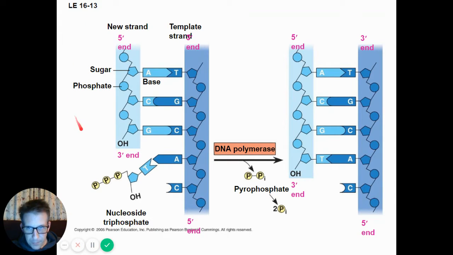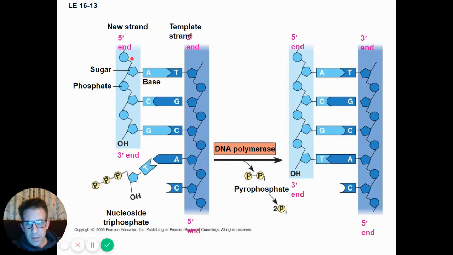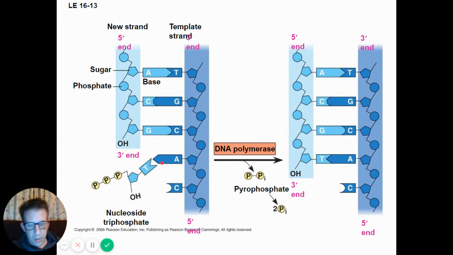But what we see here is the parent strand, again in dark blue, acting as a template, and we see the growing new daughter strand. This is the new strand over here. And what we see coming down right here, this guy right here, is the new nucleotide that's going to be added to our growing DNA strand.